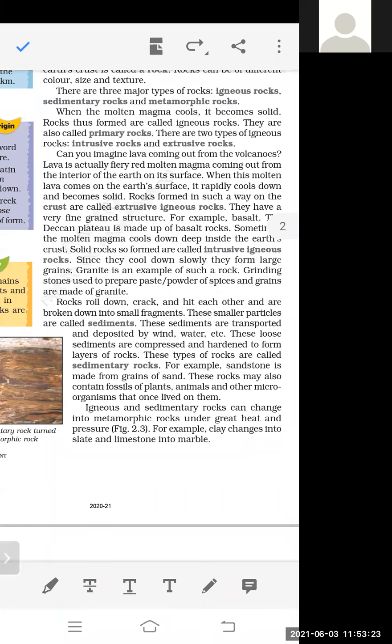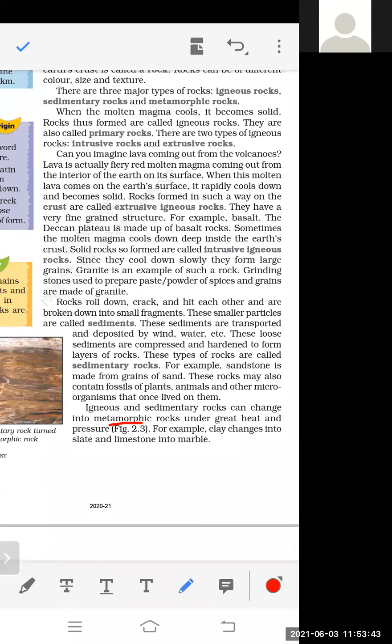When they continuously face the heat and pressure, they keep on changing. Their color can change, their formation can change, their crystallization form can change, and this changed form is known as metamorphic. Metamorphic means changed, right?